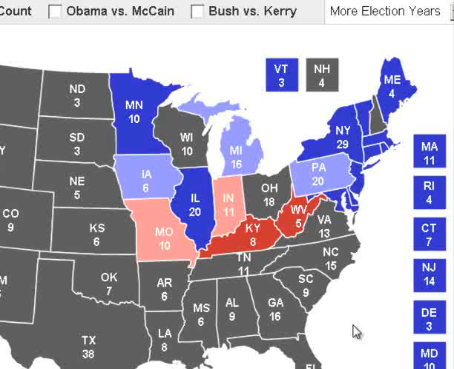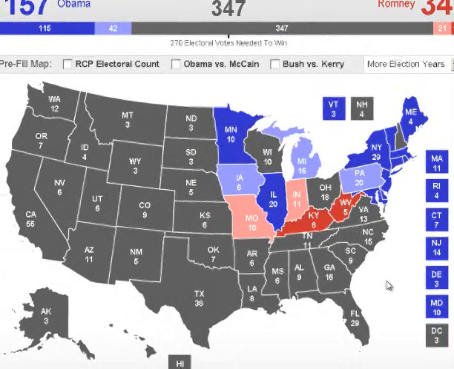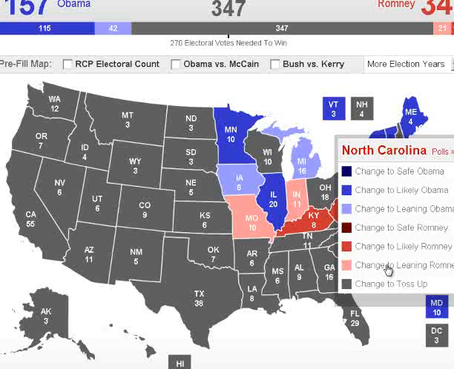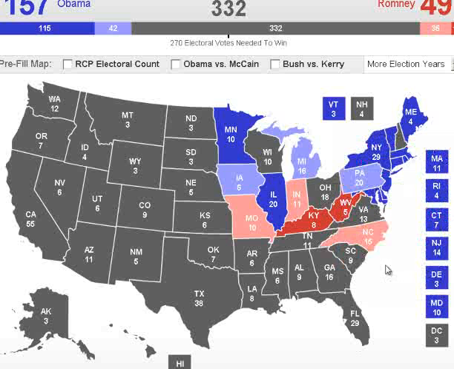There's really no way for the Republicans to not win North Carolina handily and still win the presidential election. The early polling is pretty close, but the demographics and the tradition of North Carolina would indicate that you're probably looking towards a lean Romney state in the event that the election is very close. So right now I'd have to give North Carolina a lean Romney designation.